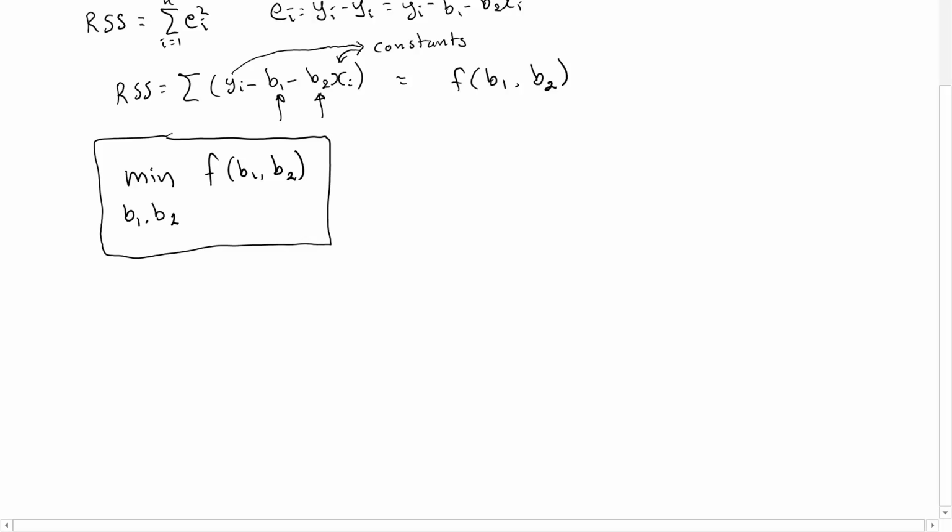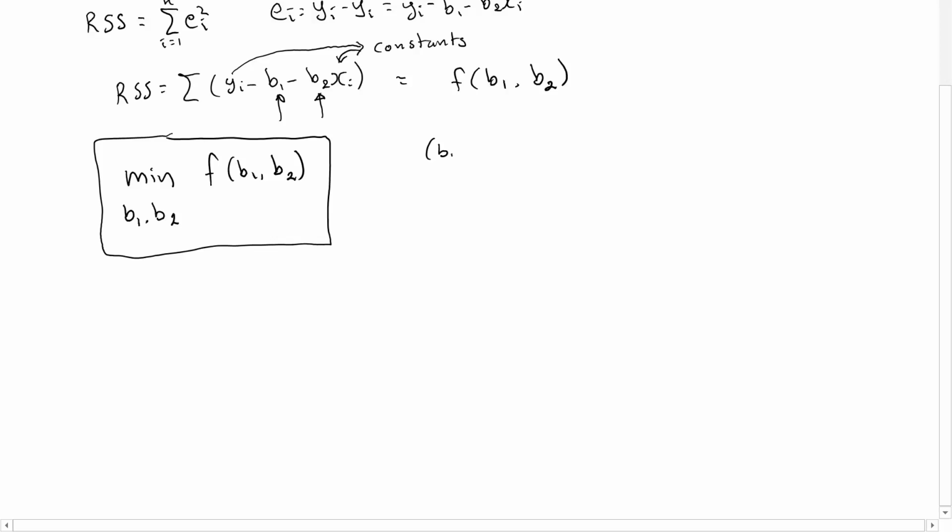Remember from mathematics, when we are optimizing a function of two variables, an important candidate for the solution to this problem is the point that we call the stationary point. The stationary point is the value of b1 and b2 such that both partial derivatives are zero when they are evaluated at this stationary point.